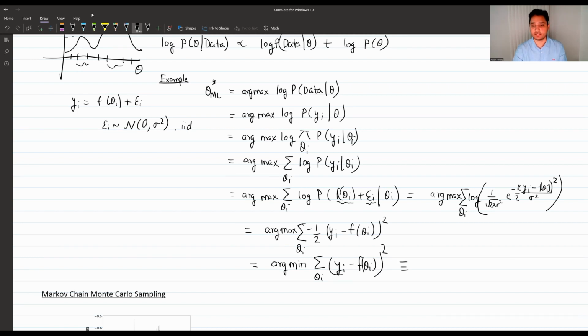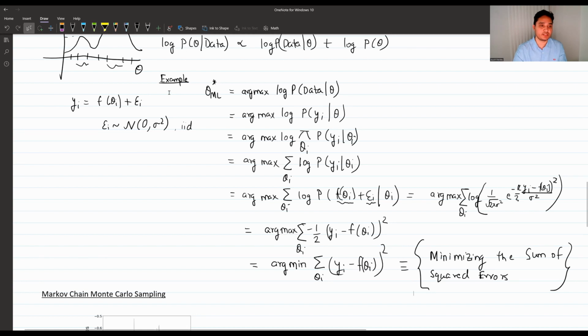And this is exactly equal to minimizing the sum of squared errors. And this is very important, and it's a fundamental result, and it proves that Bayesian inference can work and can give us the optimal parameter values.